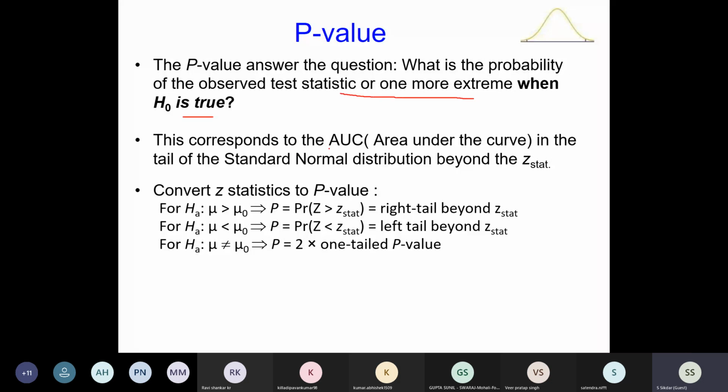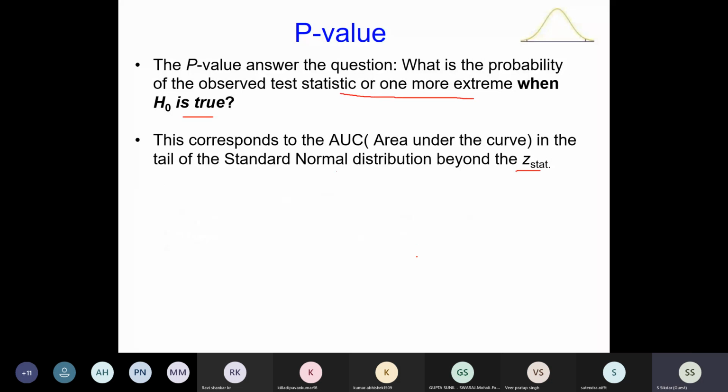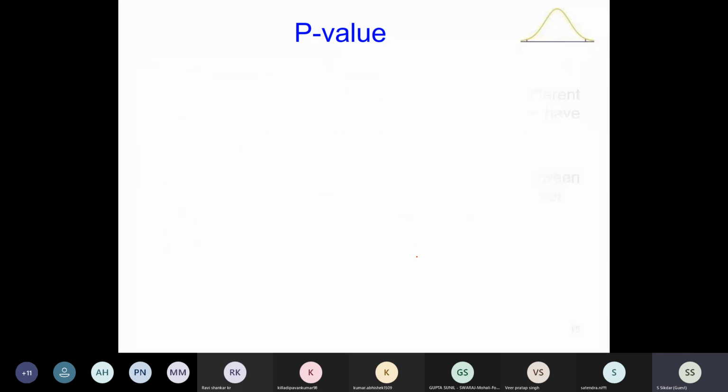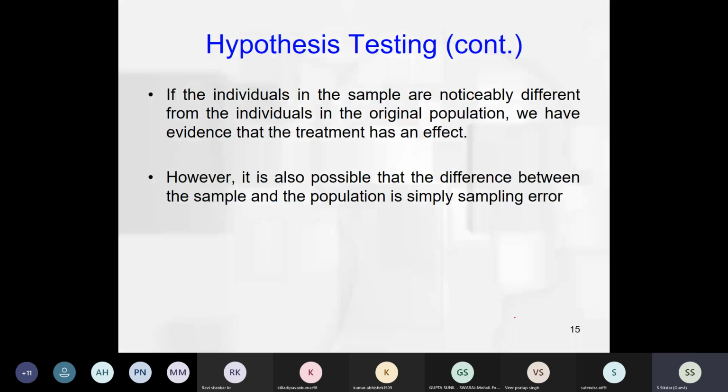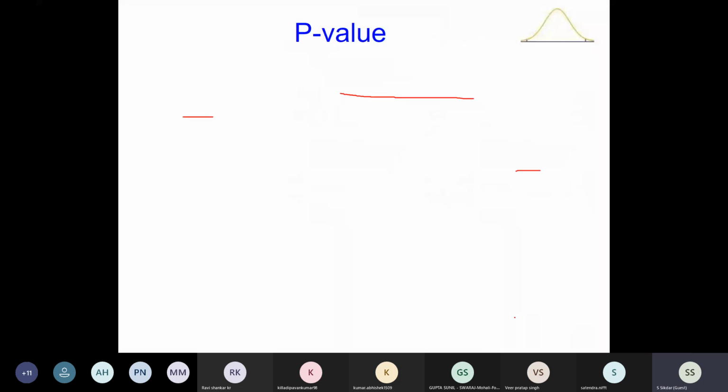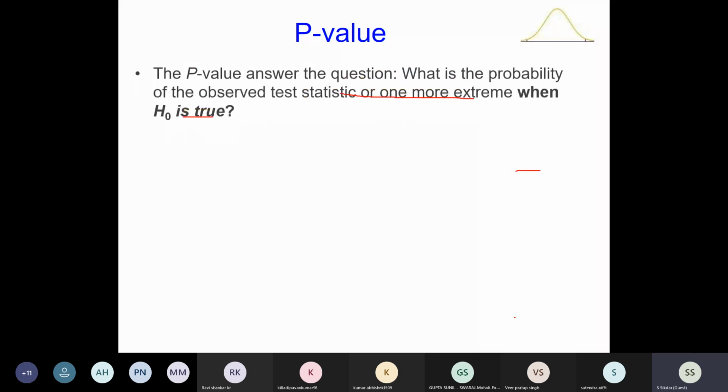This corresponds to the area under the curve in the tail of the standard normal distribution beyond z stat. We have already calculated this value in the previous step, so you have to do the whole exercise, and only then can you come to this.